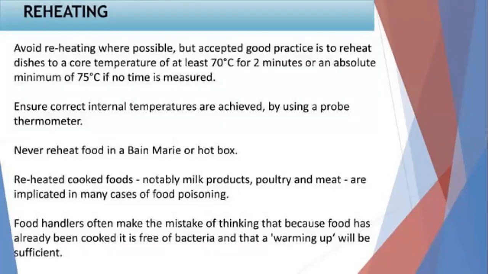So you have to ensure that the entire dish reaches the recommended internal temperature. Stirring and rotating the food during reheating helps to achieve even heating. And you have to avoid multiple reheating, because you have to limit the number of times you reheat the food to reduce the risk of bacterial contamination. So it is generally best to heat the food only once, in my recommendation.